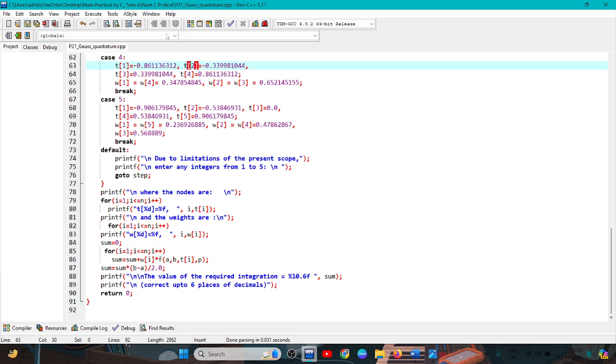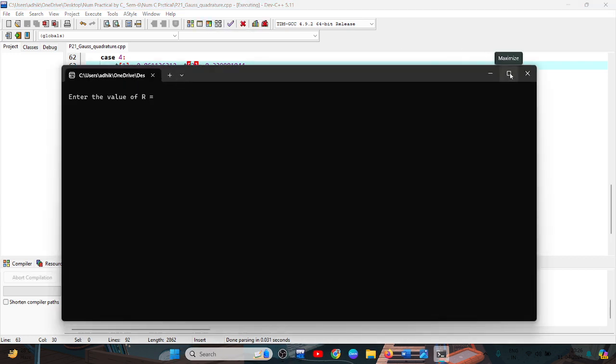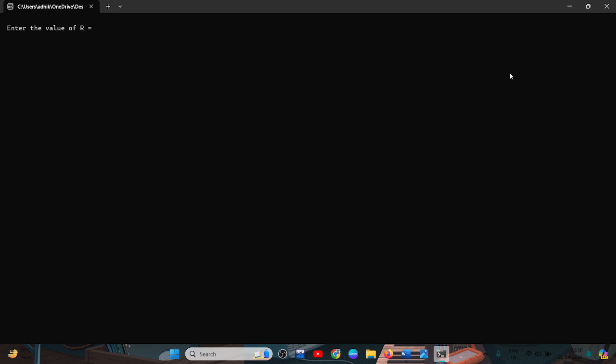Save this program, compile and run. Enter the value of r, say 5. Enter the lower limit in degrees, say 15 degrees, and the upper limit is 60 degrees.